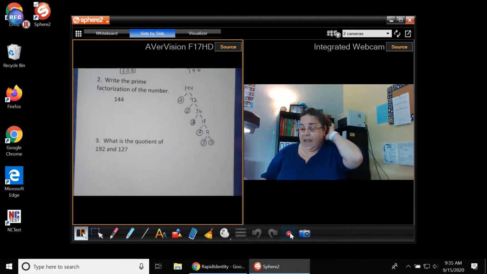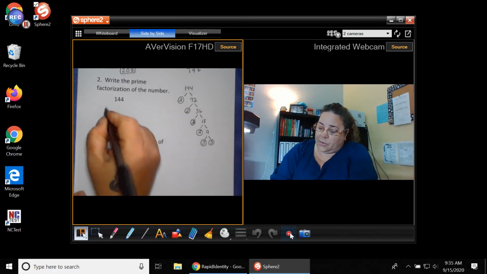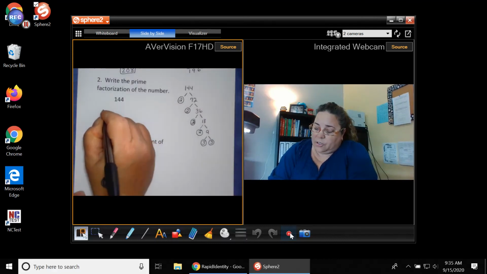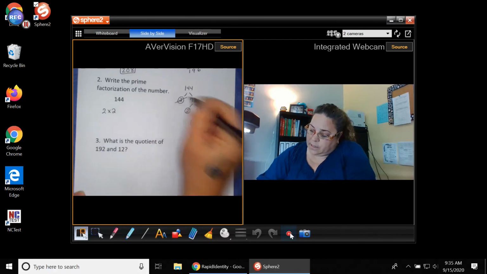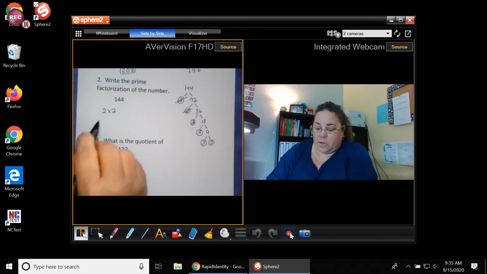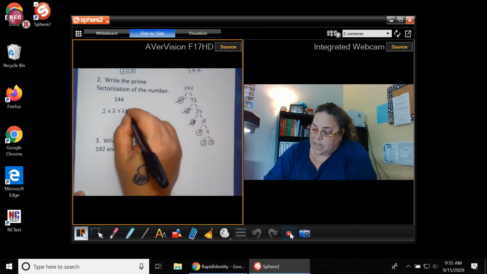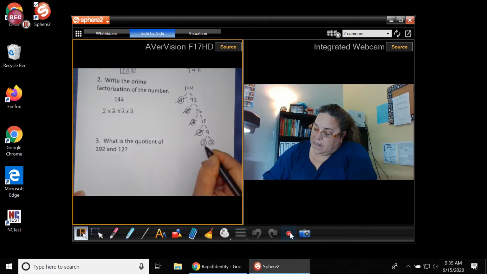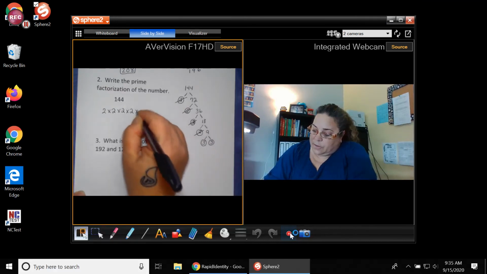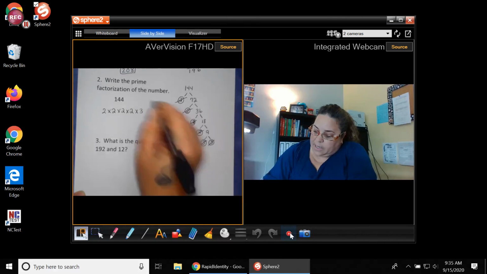Okay, so now in order to get my prime factorization, all I have to do is multiply all these numbers. So I write the product. 2 times 2, let's see, so I don't forget, I'll cross them off, times 2 times 2, and then I've got times 3 and times 3.